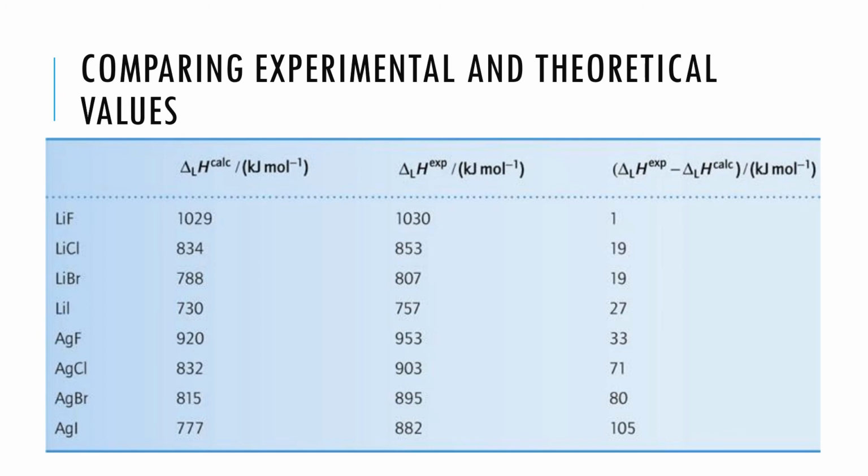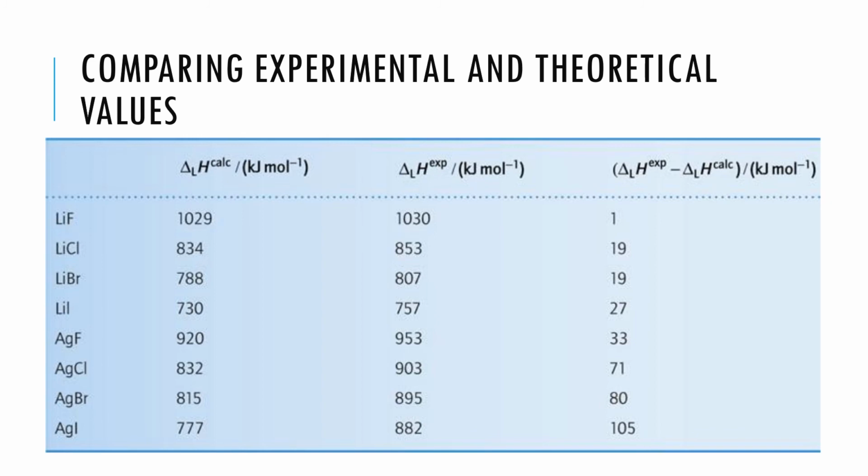Now look at the values here. For a range of ionic solids, you've got the theoretically calculated change in lattice enthalpy and the experimentally calculated change in lattice enthalpy. And you've then got a difference between the two.